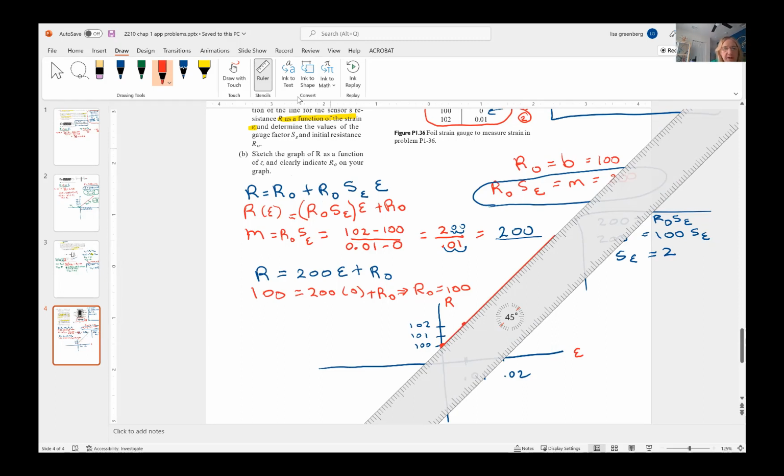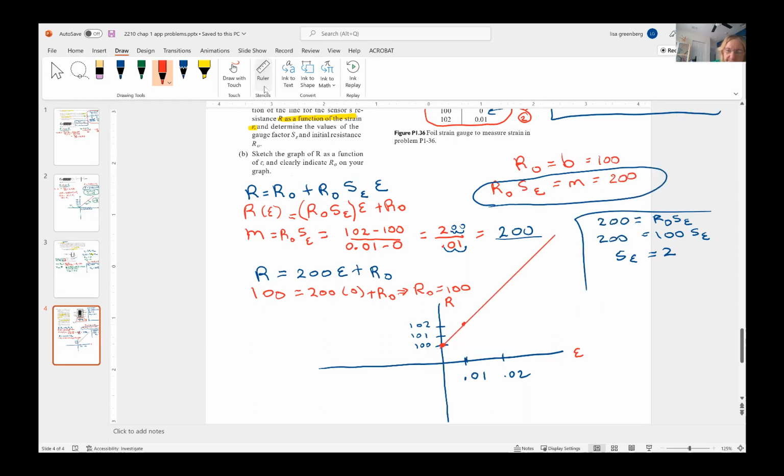So there's my line. Clearly indicate R sub 0 on the graph. Well, R sub 0 is always your initial condition when your independent variable equals 0. So this is R sub 0. And that's basically it. That's the graph of R.